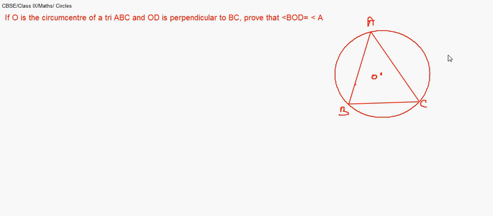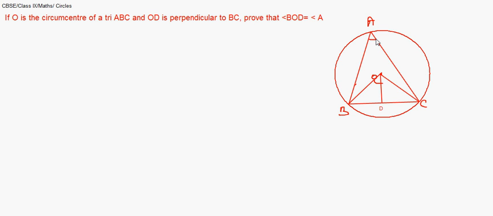OD is perpendicular from O to BC. I think I'll need to join this radius for my proof as well. I already joined them. I named this as D as given in the question. We have to prove BOD, this angle, equal to this angle.